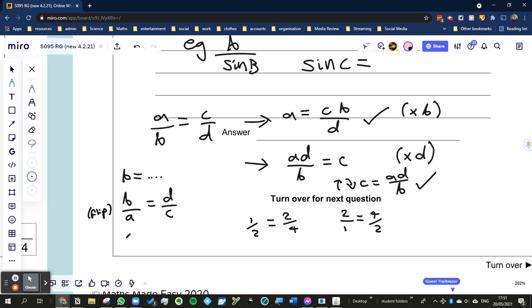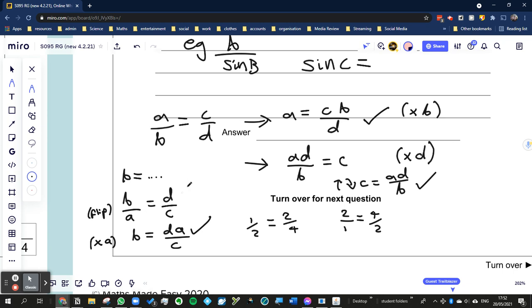And then what I do is I times both sides by A. And I get B is equal to D multiplied by A divided by C. And then I've got it. And if I wanted to get D is equal to, I'd do the same thing. I'd flip, and then I would multiply both sides by C. And I'd get D is equal to B times C divided by A.